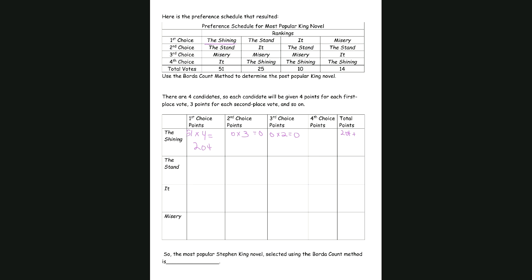So 49 voters times 1 point is 49. When I add 204 plus 49, what do I get? 253. So the total points that The Shining gets is 253.